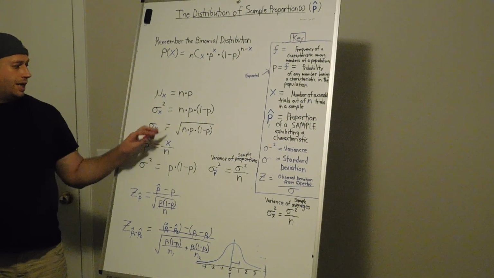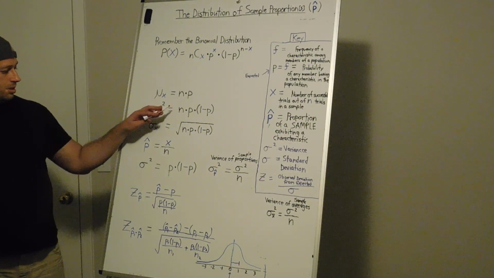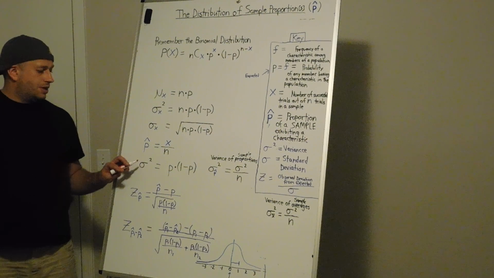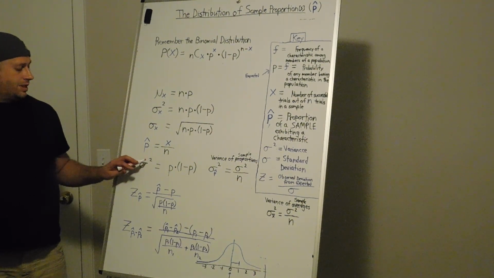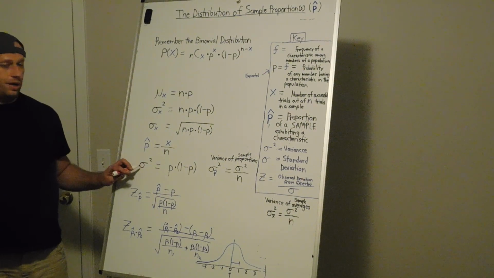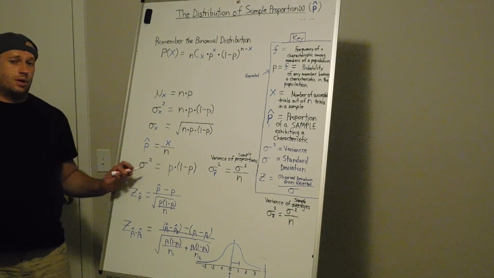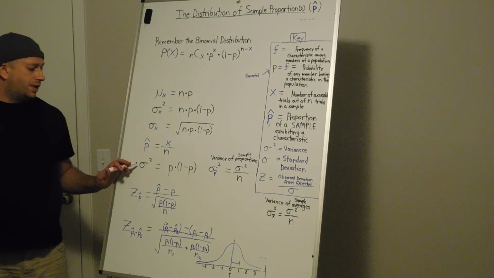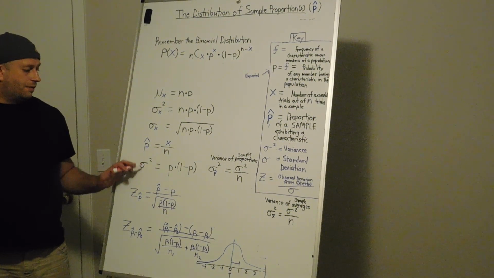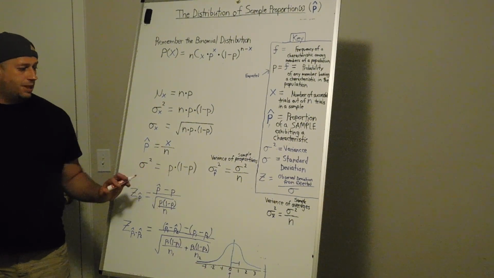So we basically divide out n to get the variance of the proportion of the population. If you want to think about it as the larger population, it would be capital N. If it's the sample that we're looking at, then the actual variance of the sample itself, of the actual proportion, we would take p times 1 minus p.